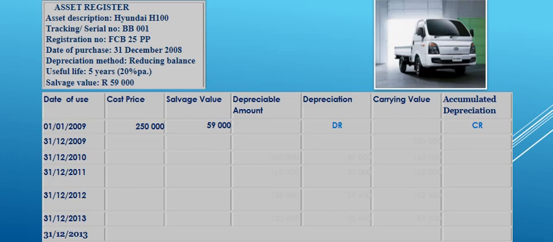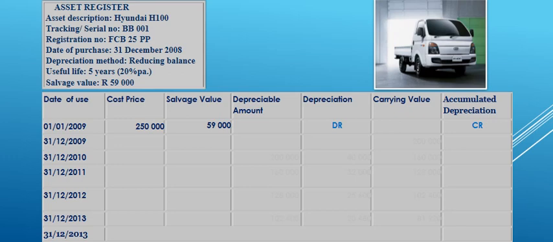In addition, the register will also reflect the date of use of the asset, the cost price, the salvage value, the depreciable amount, the depreciation, which is an expense in accounting books, which will be debited with the entry in the general ledger, the carrying value of the asset that will be reflected on the statement of financial position on an annual basis, the accumulated depreciation representing the total depreciation that has been written off over the useful life of an asset, which will be credited in the general ledger to complete the double entry system of the depreciation transaction.